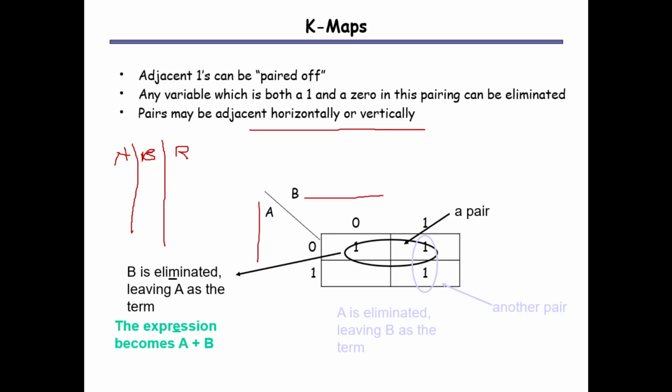Okay, when A is 0 and B is 0, the output would be 1. And when A is 0 and B is 1, the output would be 1. I think this is like the worst one, so that's why I'm getting it wrong.